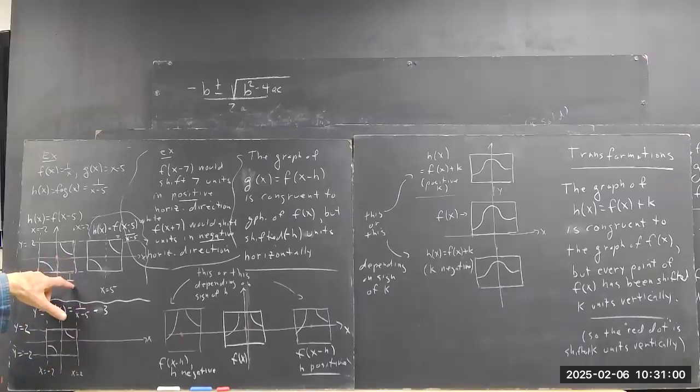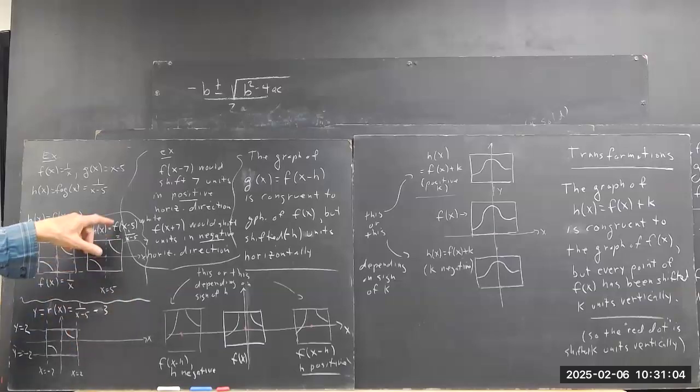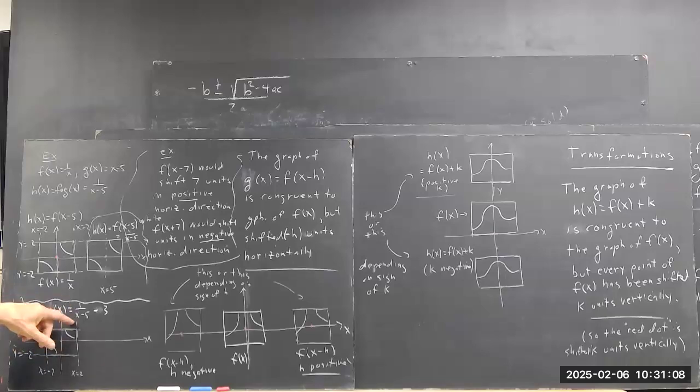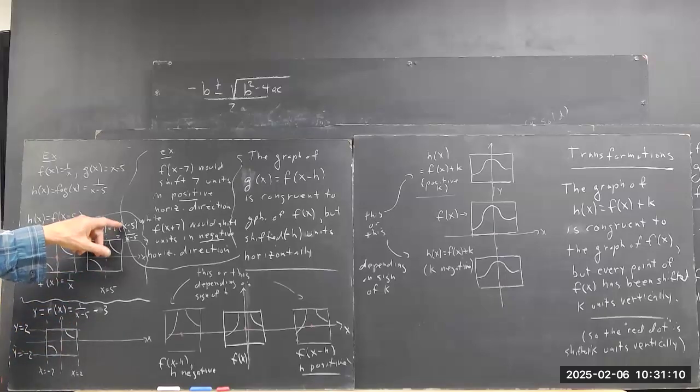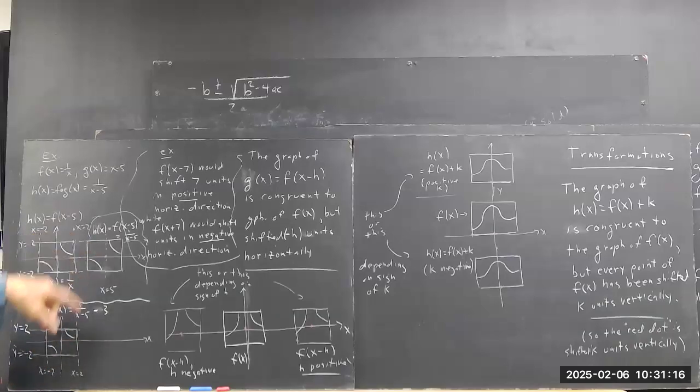We did that by moving this graph over 5 units. So we know what the graph of f of x minus 5 looks like, or 1 over x minus 5, because that is f of x minus 5. So you could go ahead and draw this graph representing 1 over x minus 5, but then what does the minus 3 do to that graph?